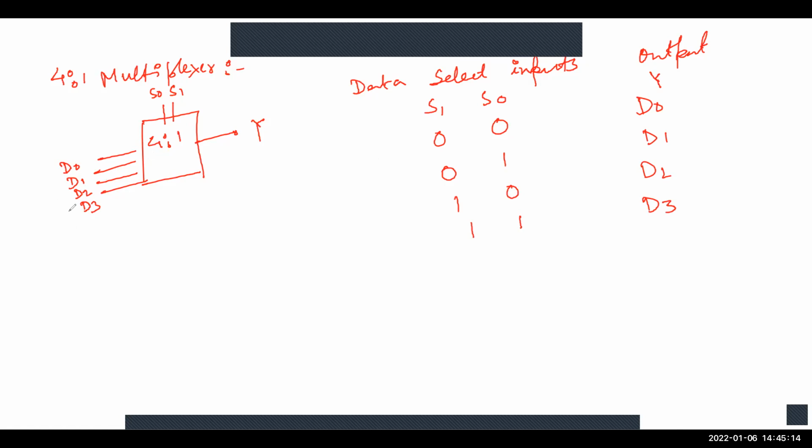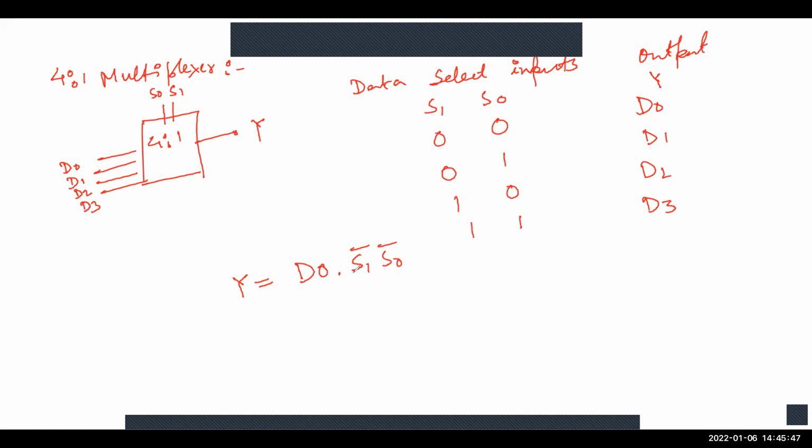And the data input here, data input is D0. So for the case of D0, first Y equals D0 into S1 bar and S0 bar.